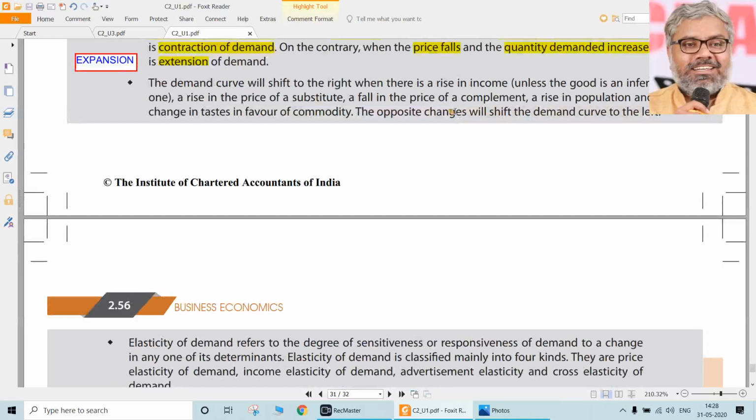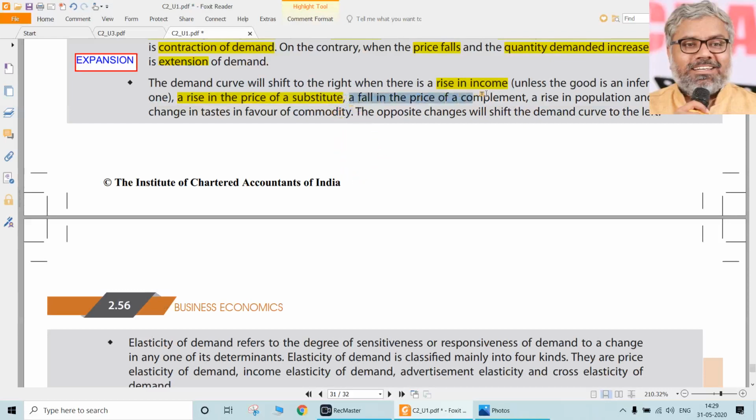And what are those factors? What factors might have an influence on the demand and might increase the demand? When there is a rise in the income. Yes, of course, exceptions are always there, like inferior goods. Keeping them apart, normally when the income rises, demand also increases. That means the demand curve will shift rightwards. Same way, if there is a rise in the price of a substitute, then also the demand curve of the original commodity will move rightwards.